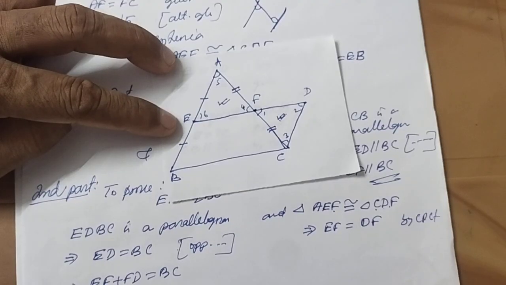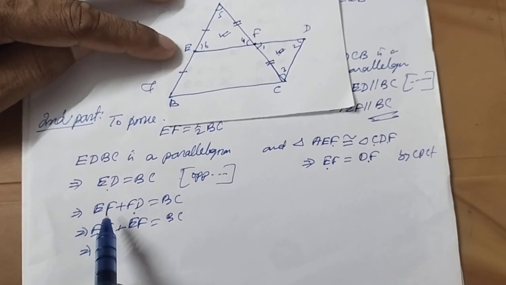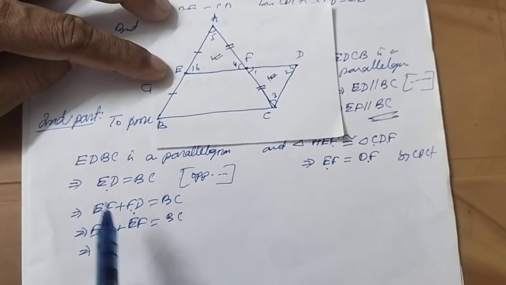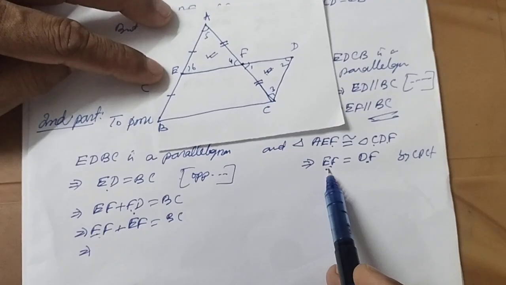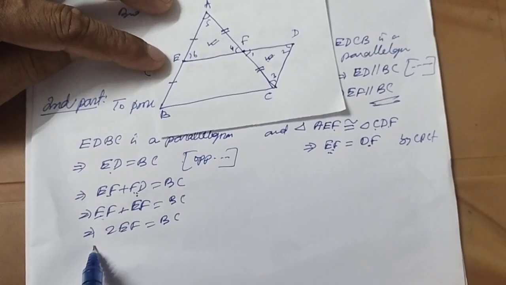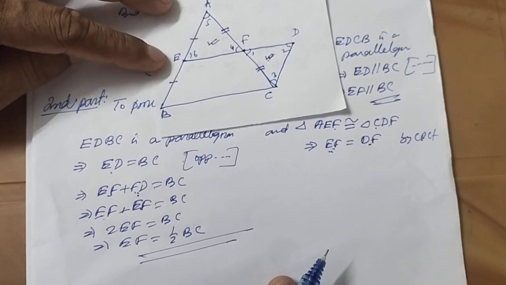Now EF plus FD, you see FD is the same as EF. So twice EF is equal to BC. This implies EF is half of BC, and this is the proof for the second part.